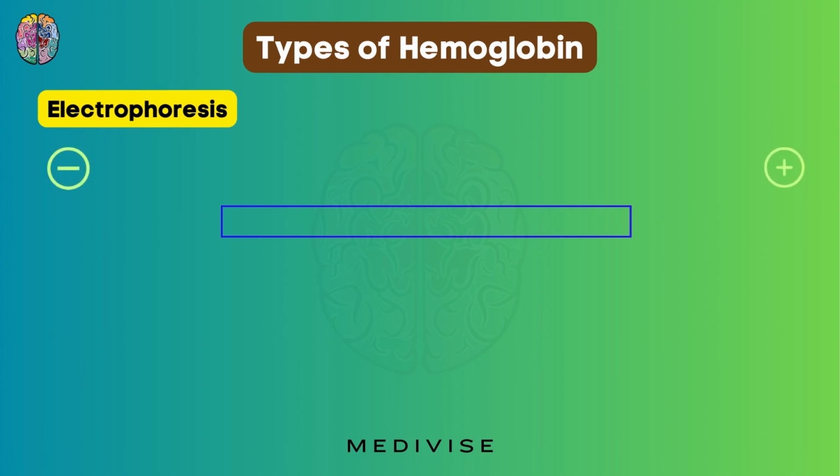To avoid overcrowding, I've removed all of the other things, but for reference you should know that the left side is negatively charged and the right side is positively charged. So what happens when we have adult hemoglobin? All of the hemoglobin will be moved towards the positive pole and will be collected here. Now let's say a person is suffering from some disease due to which his body has both HbA and HbF.